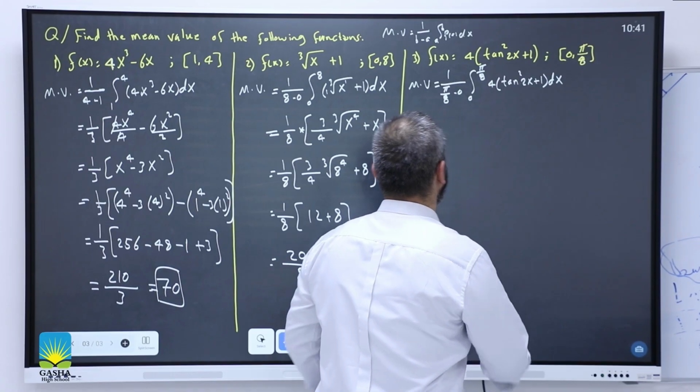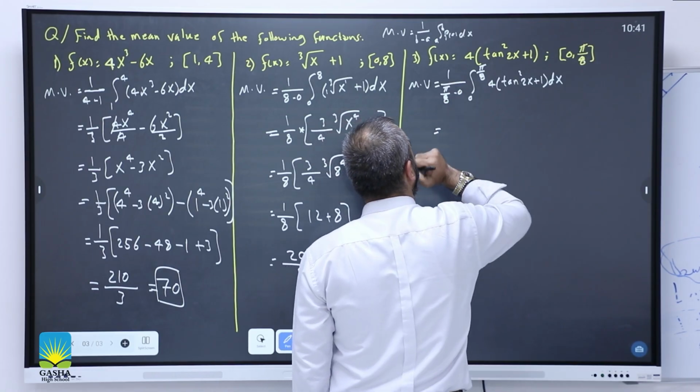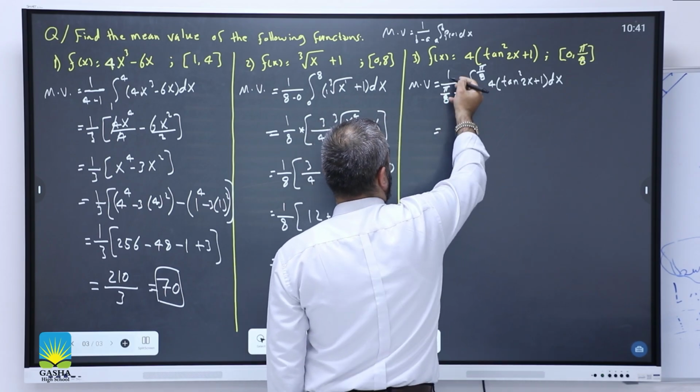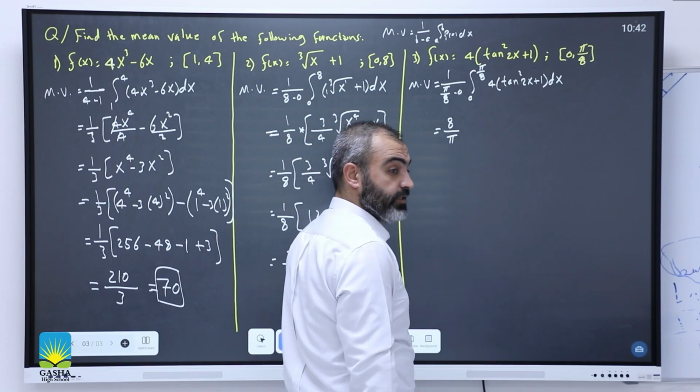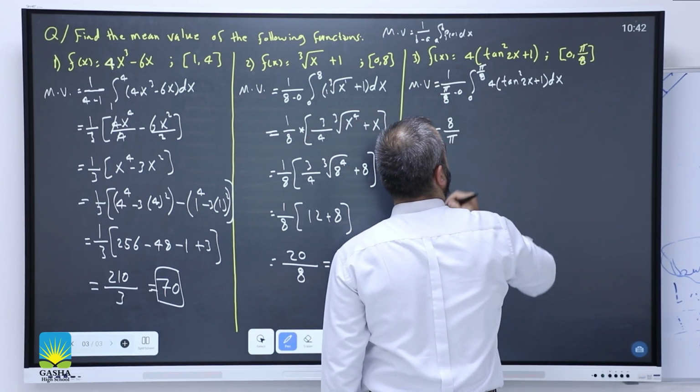What about this? And this is 1 over pi over 8 minus 0. Pi over 8 minus 0, it's pi over 8. So 1 over pi over 8 is 8 over pi, right? So we skip this. And how to integrate this?